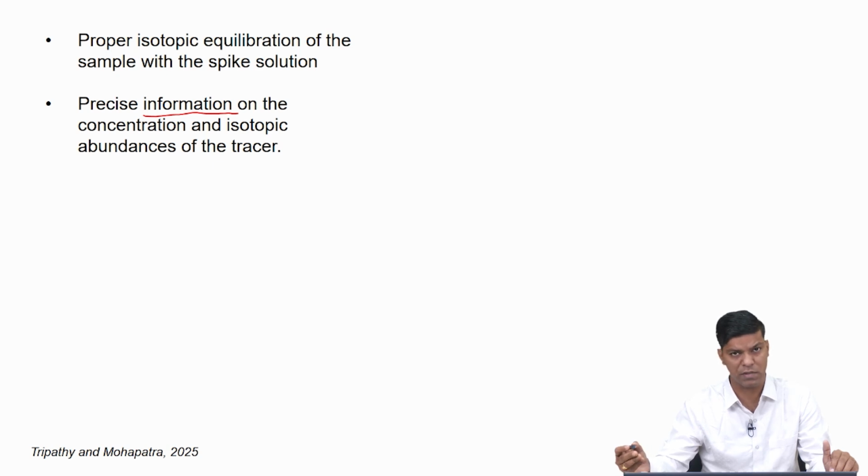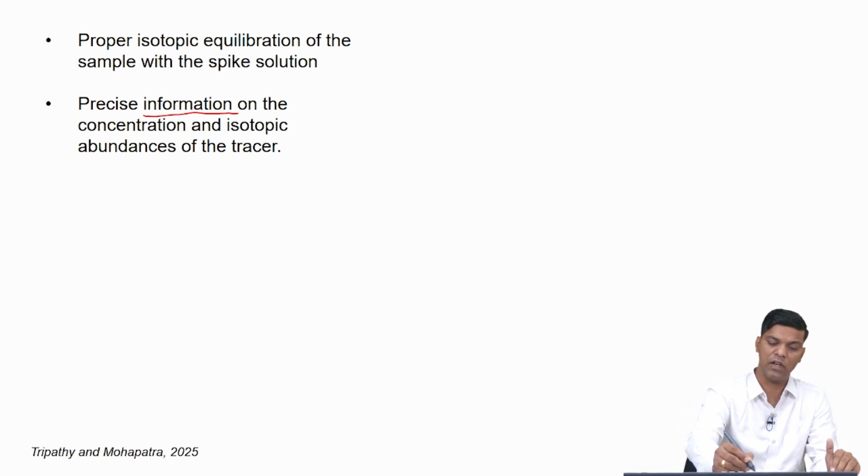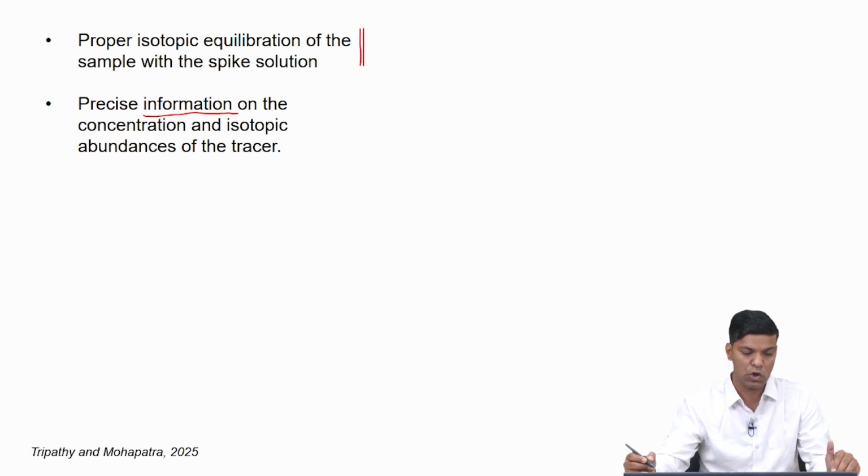The isotope dilution measurement is being conducted. After that, when you are doing the sample and spike mixture preparation, at room temperature or by heating in a closed chamber, you must ensure that the sample and spike are well equilibrated in this mixture.